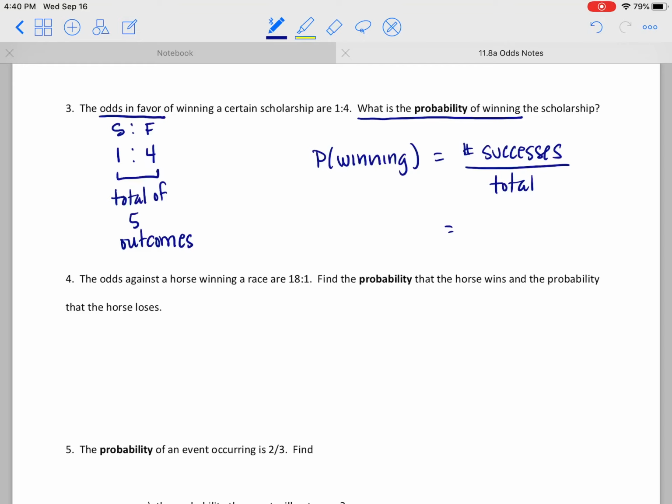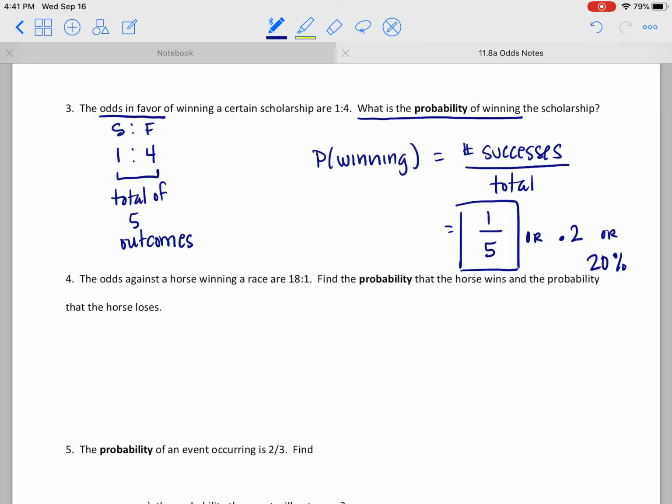Well, we had 1 success here, and we had 5 things happening total. 1 success and 4 failures was 1 success out of 5 total options. So there's a 1 in 5 chance, a 1 in 5 probability of winning. So 1/5 is our probability, or if we wanted the decimal, that's 0.2, or if we wanted the percent, that's 20%. So there's a 20% chance that this scholarship is won.